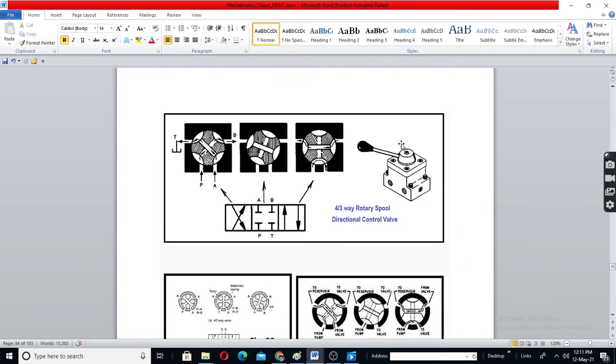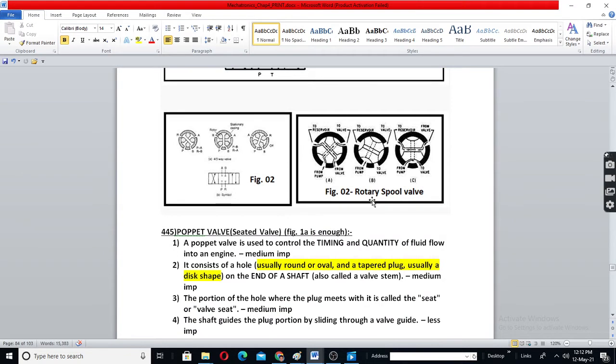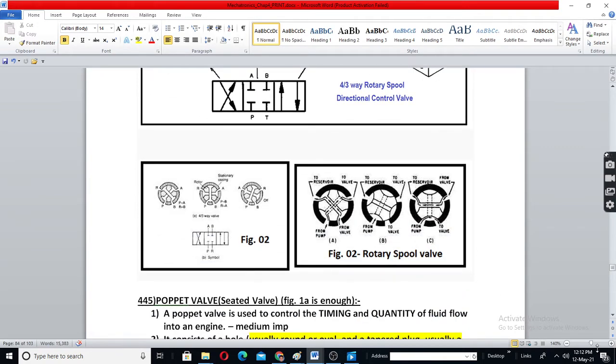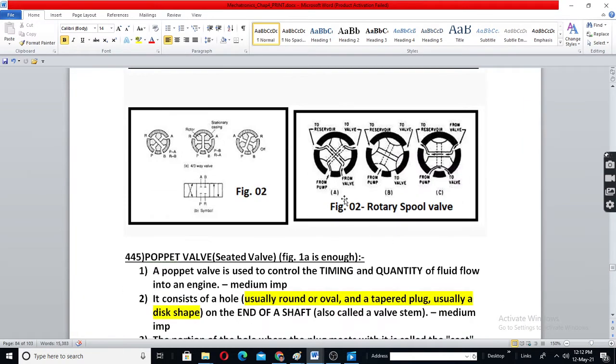You can operate manually, you can operate by solenoid, you can operate by air pressure or by fluid pressure. Here there is another one given, figure 2.